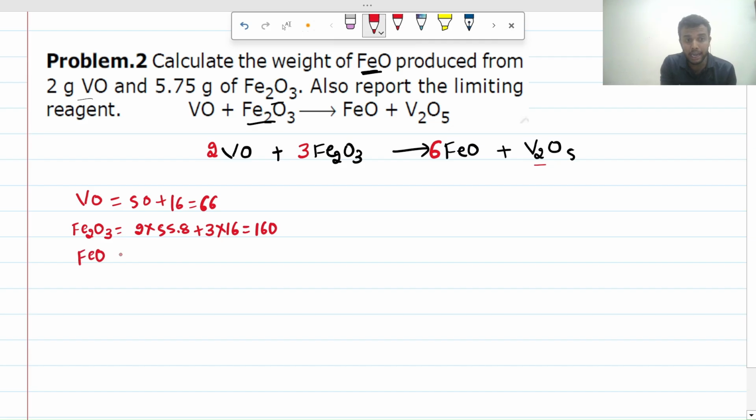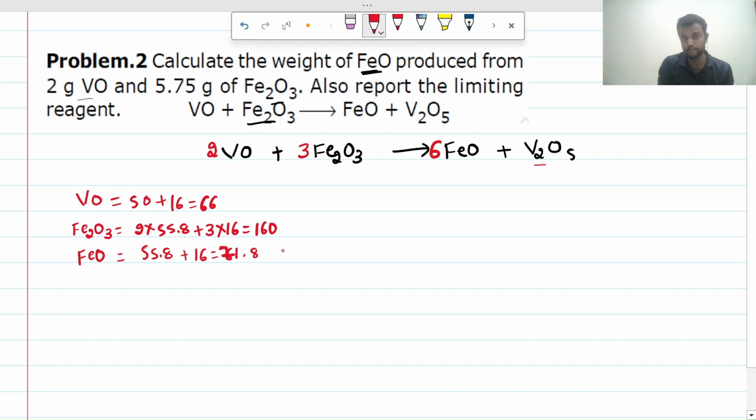Now FeO: iron 55.8 plus oxygen 16. We will get 71.8. Calculate again: 5 plus 6 is 11, 5 plus 1 is 6. So 71.8, my dear students. This is the molecular weight of the required one.